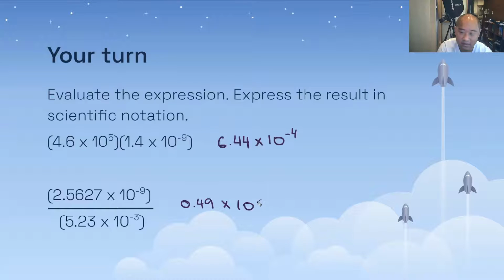That's 6, so negative 6. But again, we don't want to leave this decimal here. We want it to be after the first digit, so we want to move it over here. So that's going to be 4.9 times 10 to the negative 7. Okay.